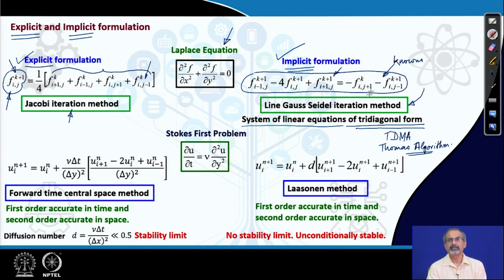And this forms basically a system of equations, though we have written it as only one equation, but once you write down the values of i j numerically in a particular grid, you will understand that this forms a system. And the knowns also contain one of the terms as k plus 1 level term, because this comes from a line of values which have already been calculated. Now, this kind of iteration scheme will be called a line Gauss Seidel iteration method.